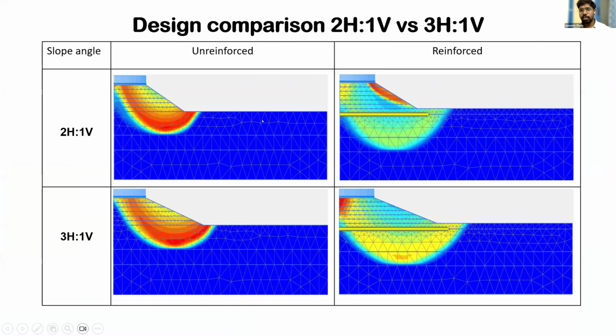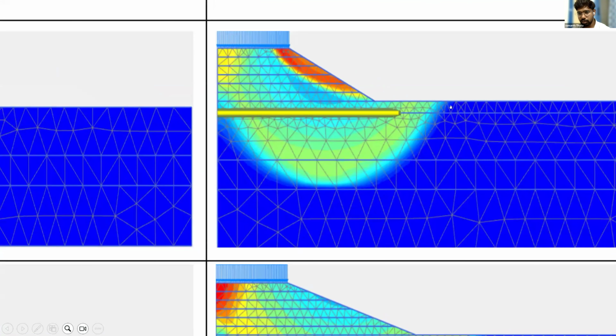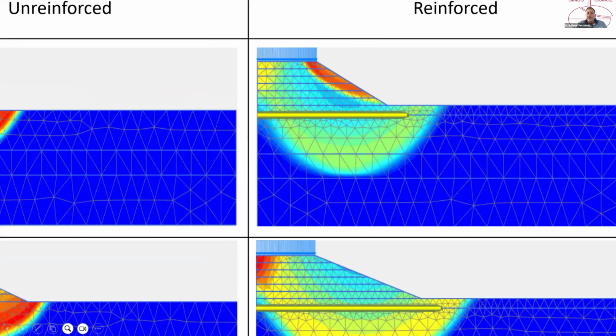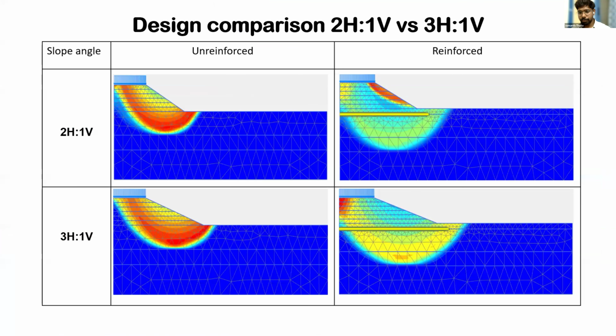No, sir. This is the soft soil, and I increased the soil bearing capacity. So you're comparing between a strong base and a soft base, with different angles? Yes, sir.